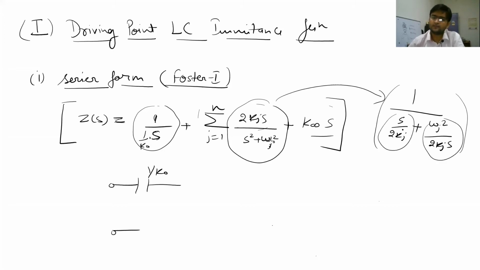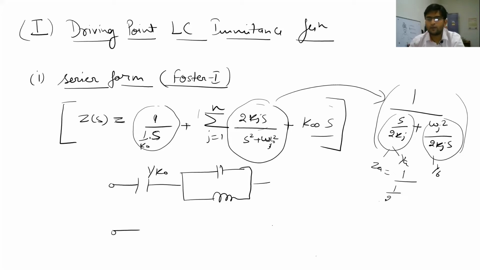Since these are a combination of two admittances, Ya and Yb, these are going to be in parallel, and definitely one function is going to be a capacitor and another is going to be an inductor. So what will be the value of this? Since this is Ya, what will be the value of Za? Za will be 1 upon 2Kj into s, right? So I have taken just the reverse of this function, so we will get this.